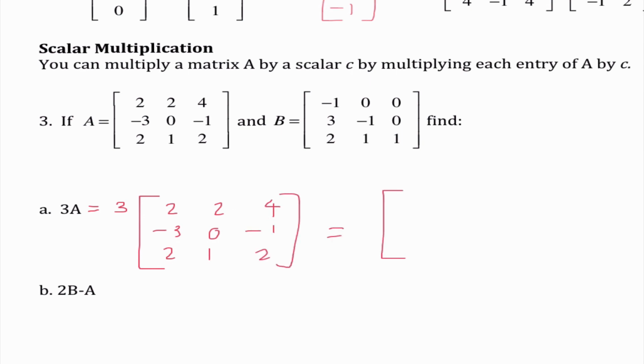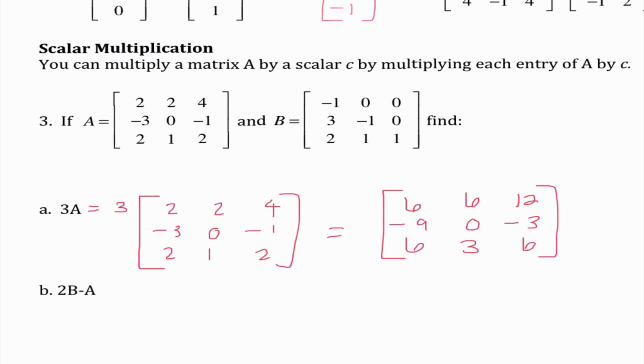And I'm going to distribute 3 to every single entry in matrix A. So I would get 6, negative 9, 6, 6, 0, 3, 12, negative 3, 6.